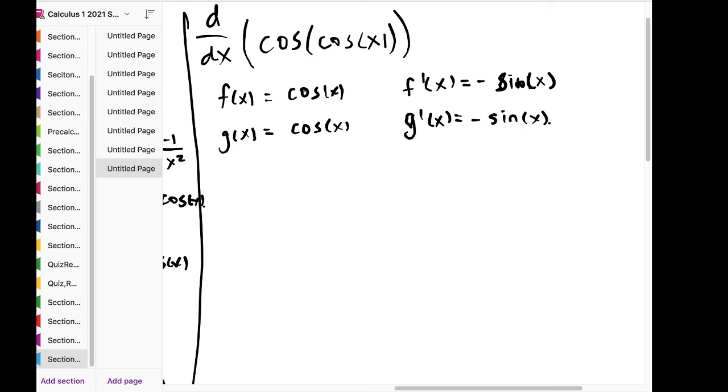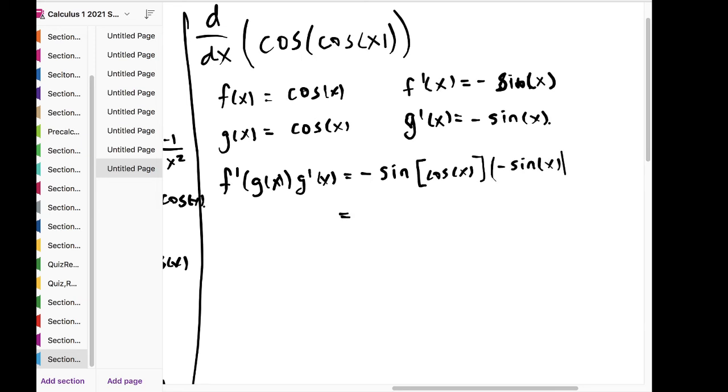Okay, so f prime of g of x, g prime. So it's negative sine of what? Of cosine, times negative sine. Okay, so two negatives cancel, and you get sine of cosine. And maybe if you want to make it clear, put the sine x on this side: sine x times sine of cosine.